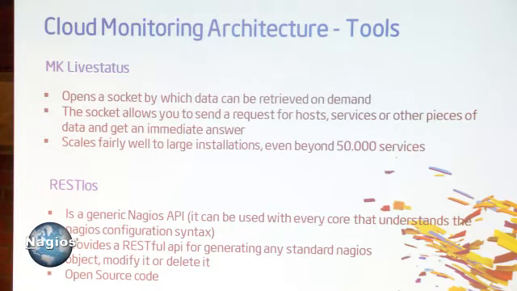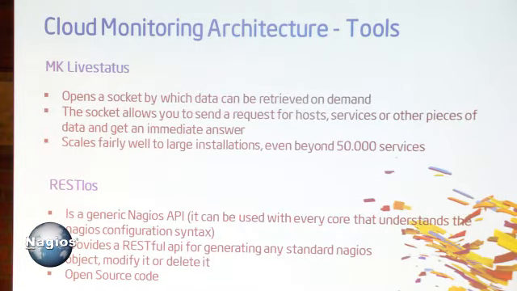The good thing is this is basically used by Nagios also, so you can just create your mk livestatus installation on the monitoring node, and then you can get data from Nagios or another dashboard, as we are going to show.